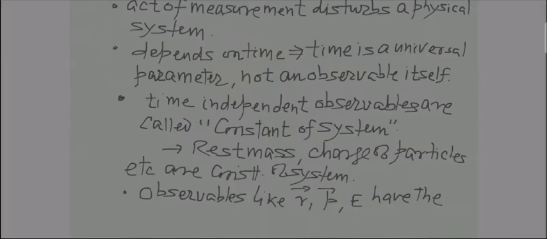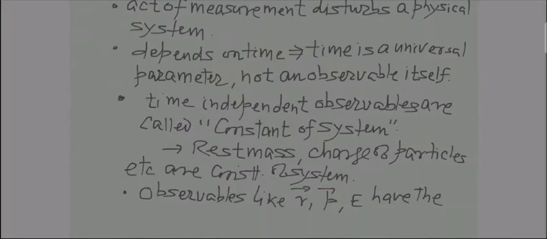For example, your total mechanical energy for a conservative system may be constant, so it will be independent of time. Your mass, as we are taking non-relativistic motion and neglecting the spin of the particle, is also time independent. So your mass is also a constant of the system.